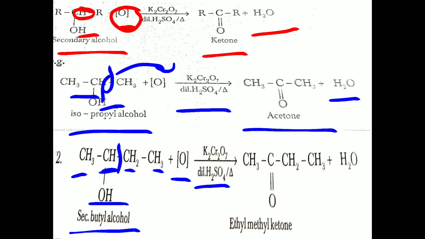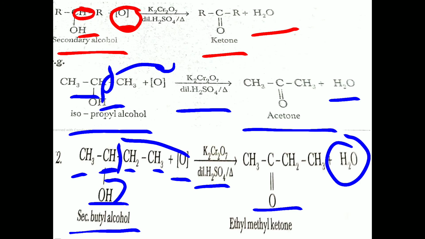This H and this H both combine with this oxygen, a water molecule is removed as a byproduct, and there is the formation of CH3C=OCH2CH3, that means it is a ketone, and it is ethyl methyl ketone.